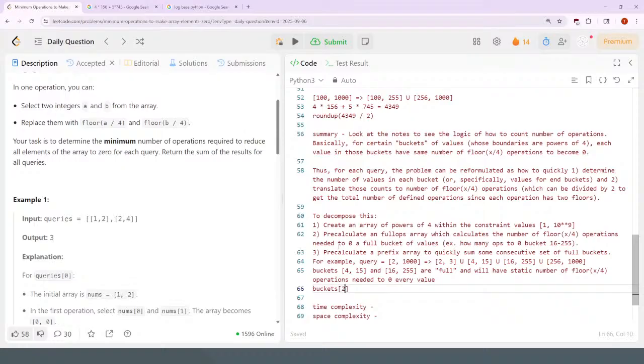Buckets 2 to 3 and 256 to 1000 are kind of the side buckets, the non-full low and high buckets. They need special consideration for how many ops for them.